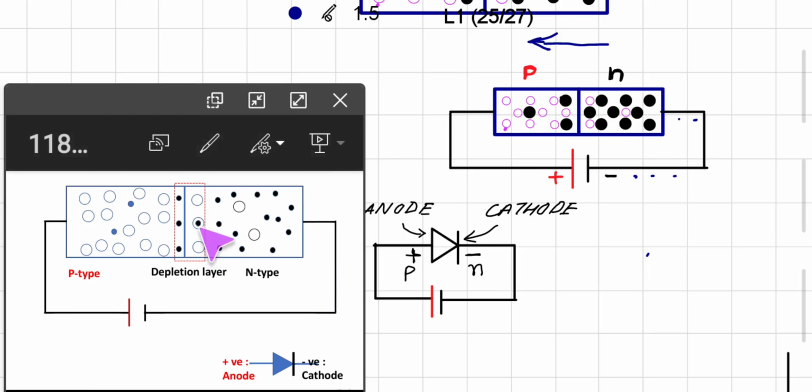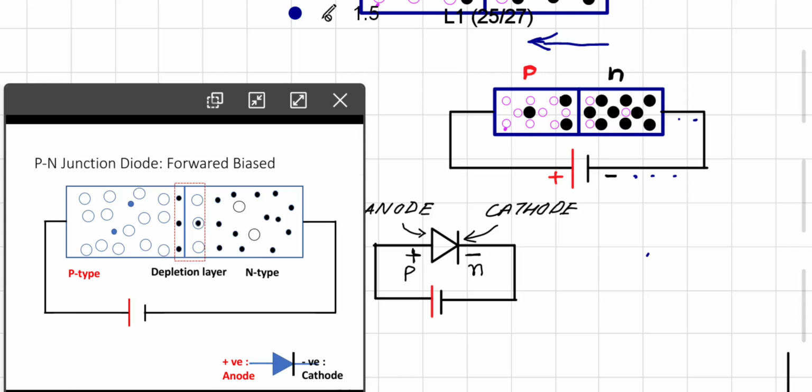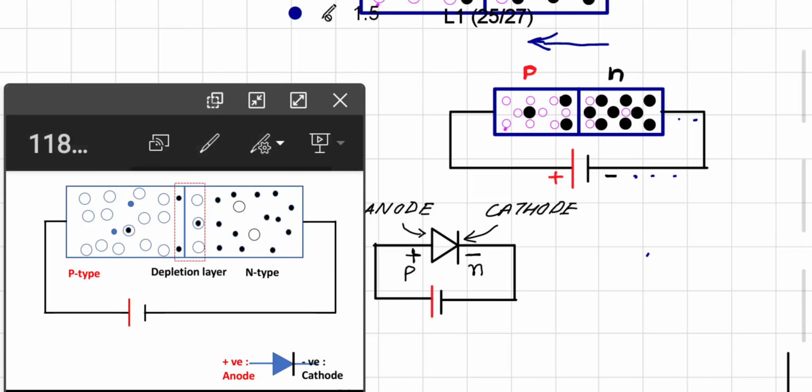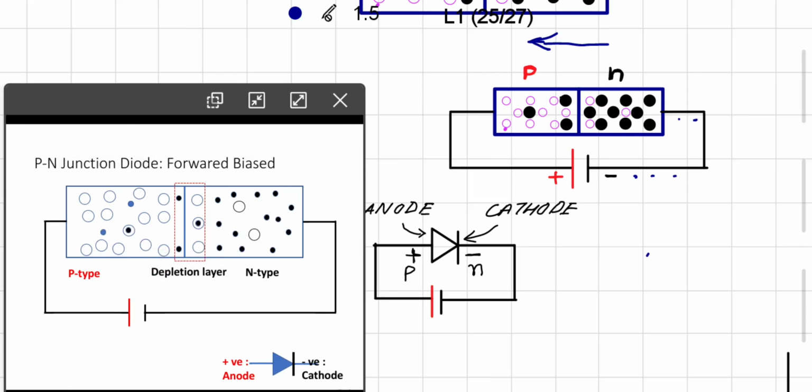Then here the electron is accepted by this hole, so again another electron is repelled, and now this electron repels this, and this way the current starts to flow. So this is the basic idea of understanding how the current flows when a PN junction diode is forward biased.